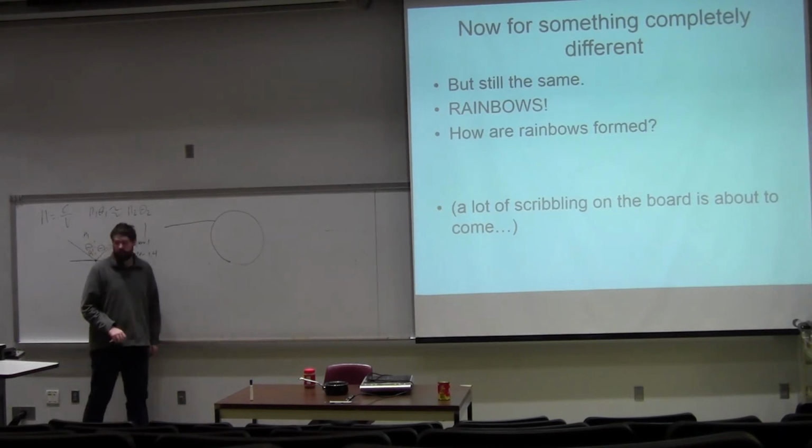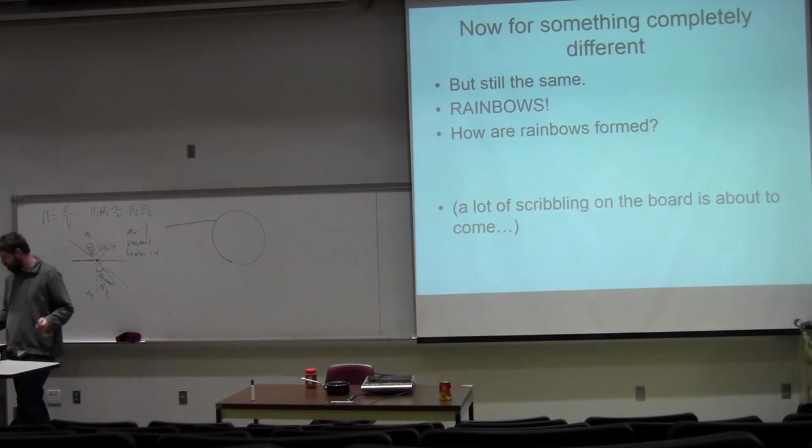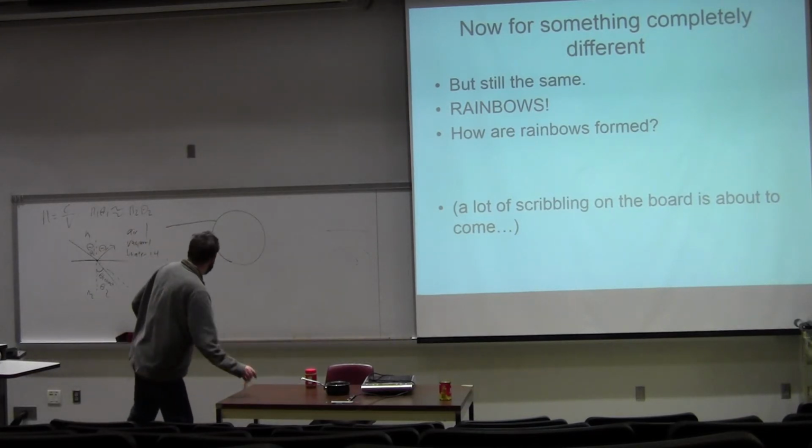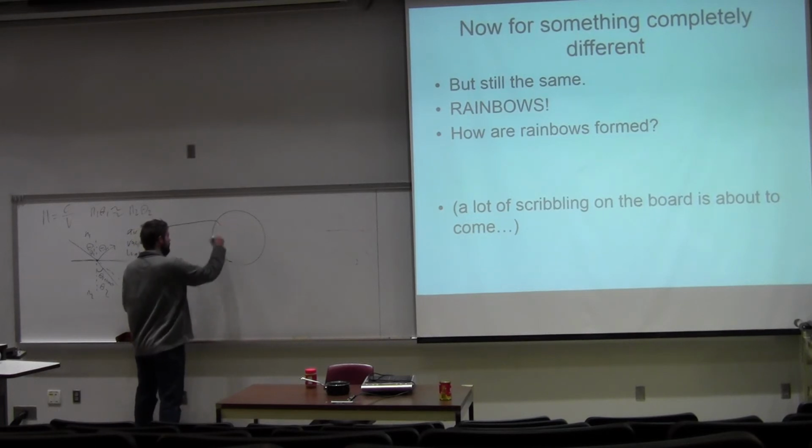And the result is that the different colors here are going to go at different angles. So the blue might bend like this, and say red might bend like that.